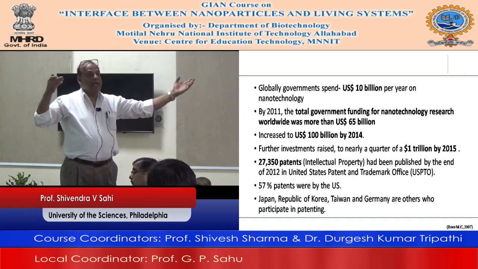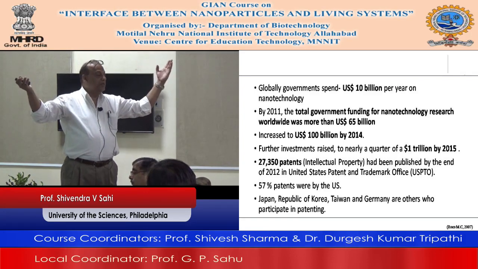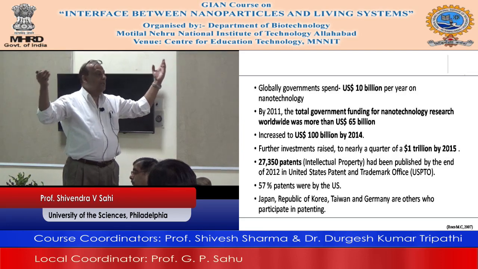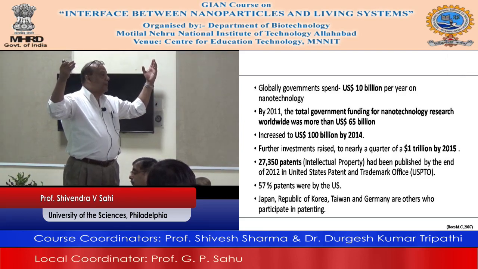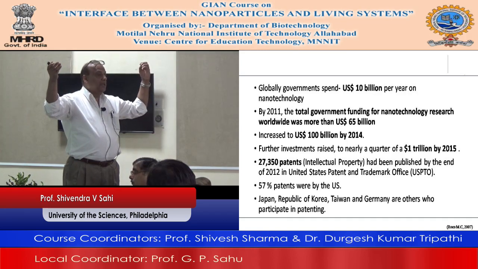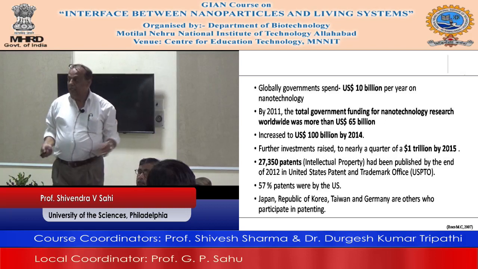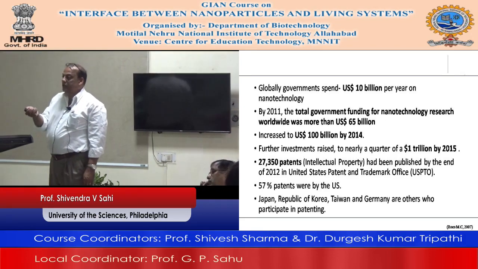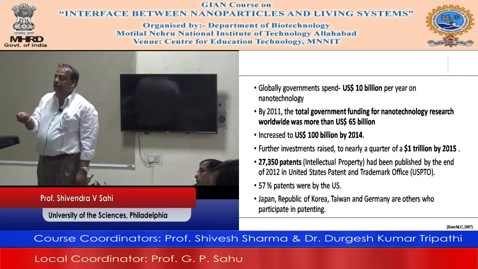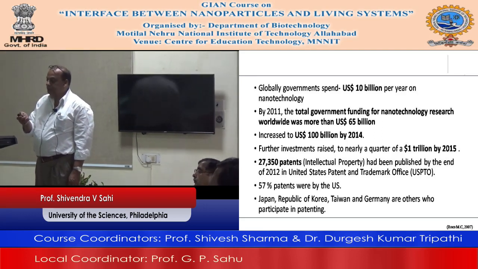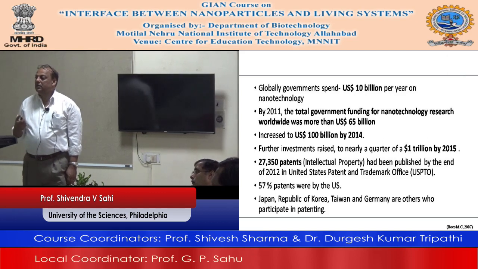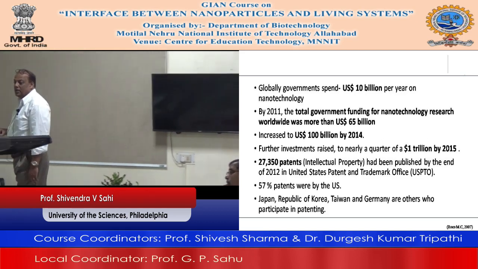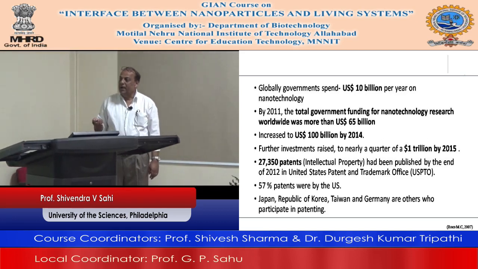There are industries that have businesses in different countries. So in fact, more than half of that is in the U.S. And then, of course, other countries, Japan, Korea, Taiwan, Germany, are also participating in patents here.